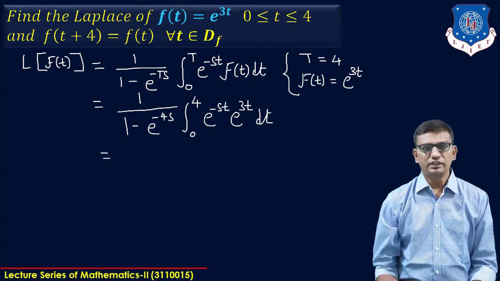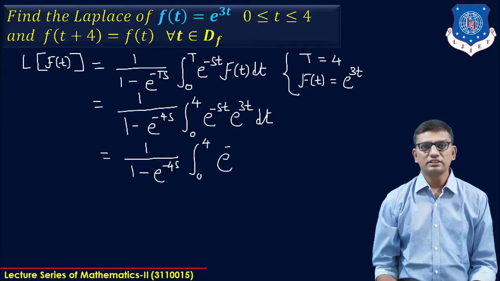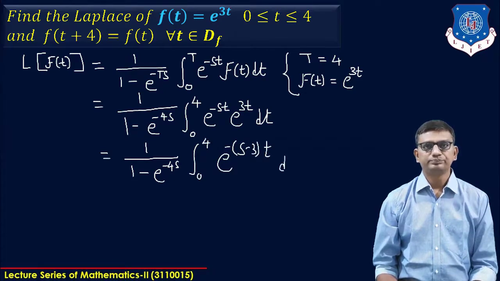Now we will integrate this term. 1 upon 1 minus e raised to minus 4s stays as it is, and the integration can be written as 0 to 4 e raised to minus s minus 3 times t dt.